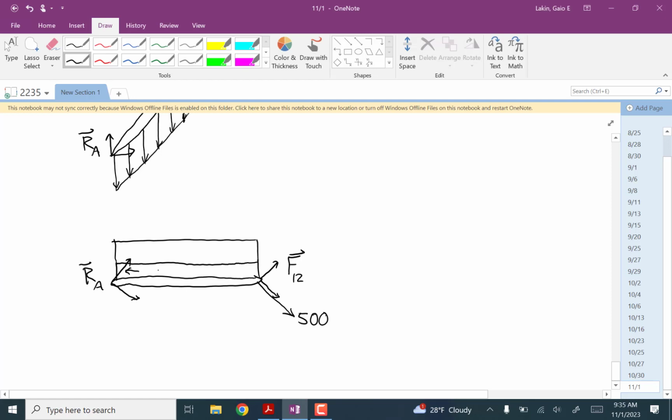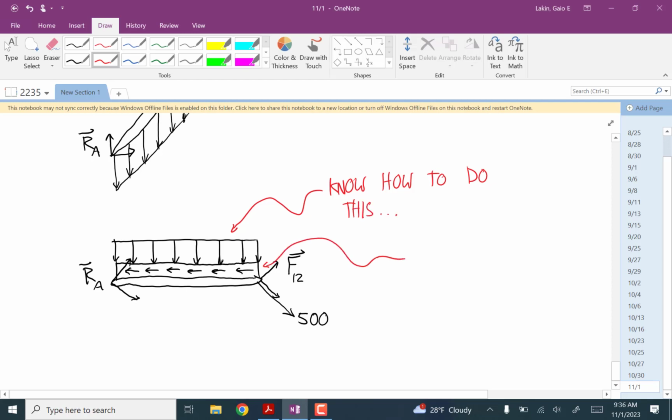You have a part going this way, and a part going this way. We know how to deal with that vertical component. But how do we deal with that horizontal one?